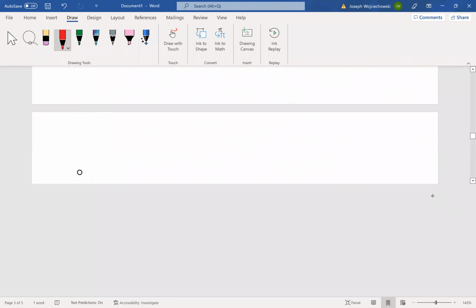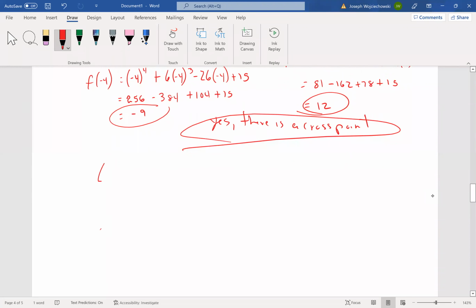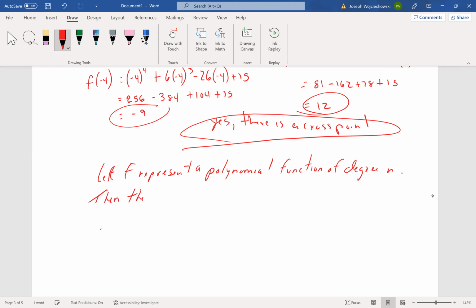So again, if we let f represent a polynomial function of degree n, then the graph of f has at most n minus 1 turning points.